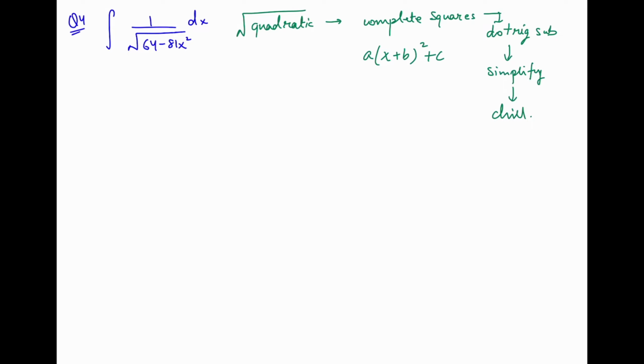This could be written as negative 81 times x minus 0 whole squared plus 64, right? As long as the quadratic does not have any x terms, it's already completely square. We'll see some examples where we have to complete squares. Right now I have this.